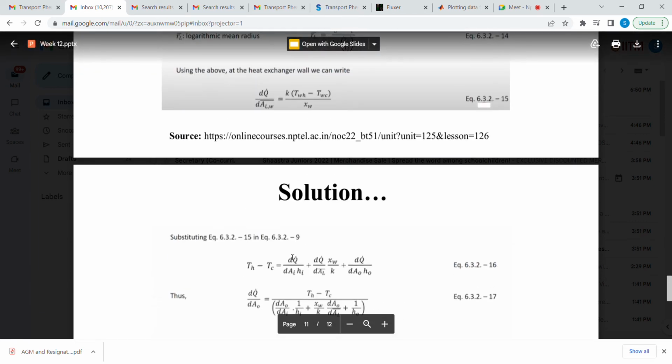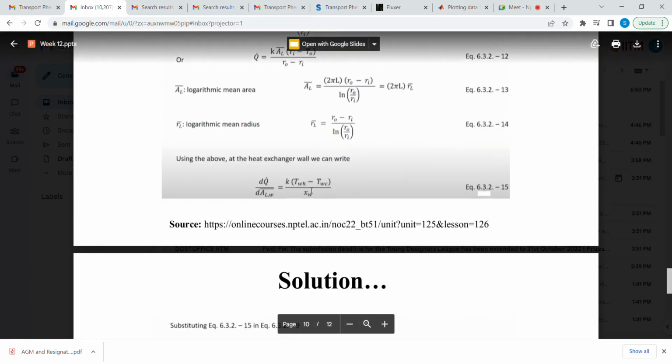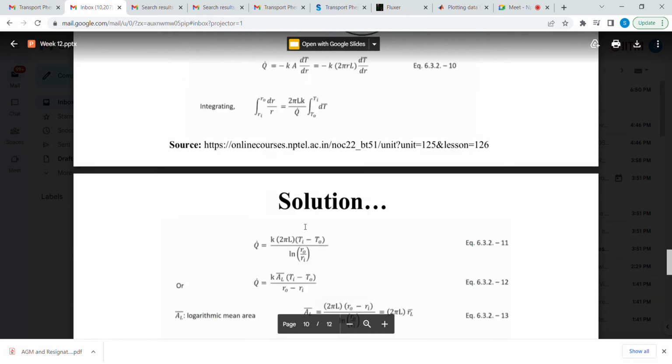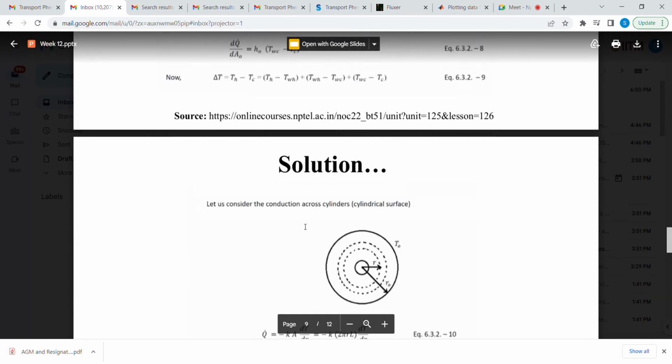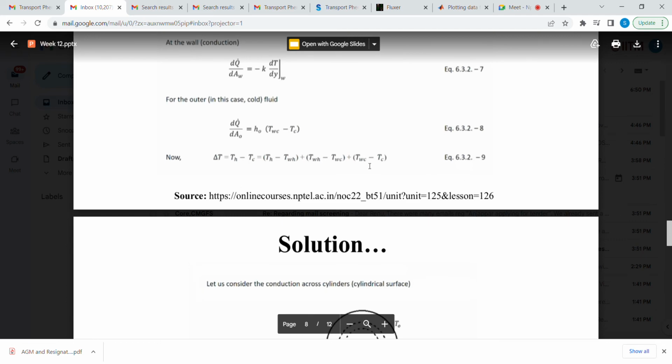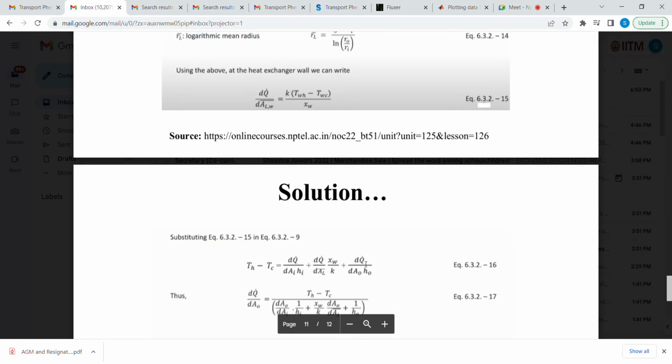Now we substitute this equation in equation 9. As I said, I told you it will come in handy, right? When we substitute this, I'm not going to go into what happens; it's clearly mentioned in the lecture, so you can go look at it.